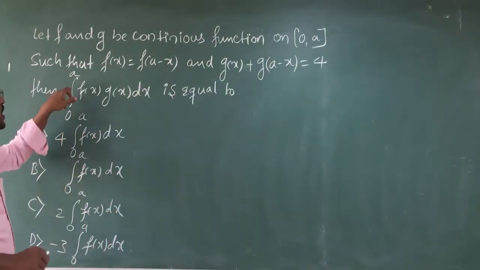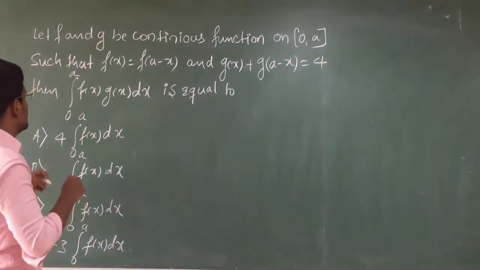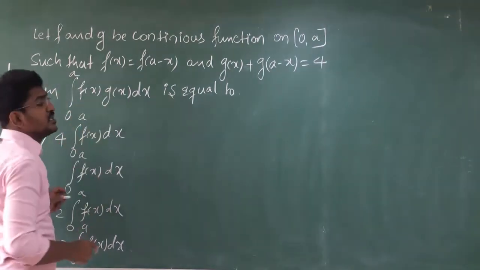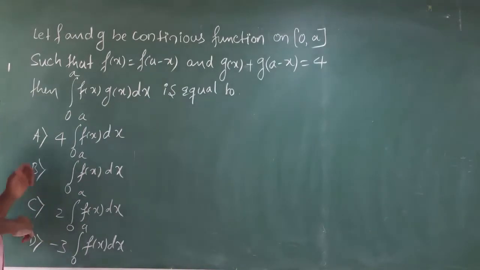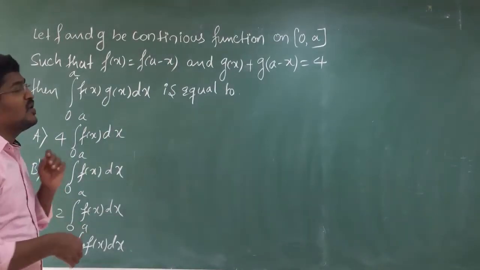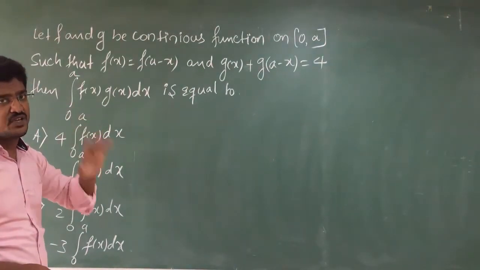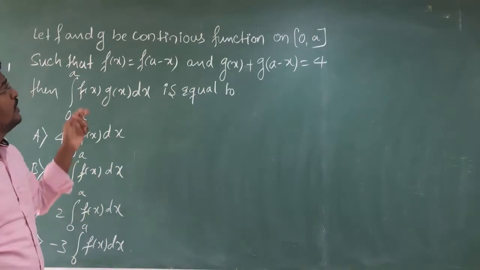Then the integral from 0 to a of f of x g of x dx is equal to what? Please listen, you have to understand the question. f and g are continuous functions, no problem.